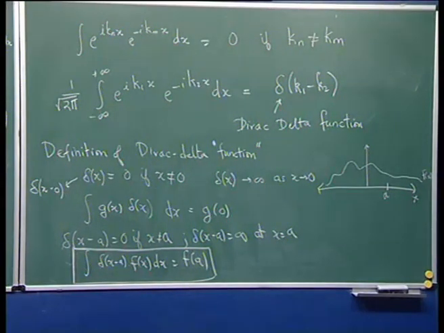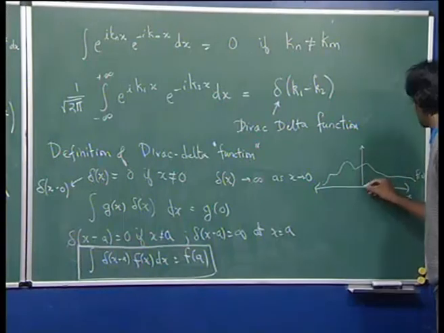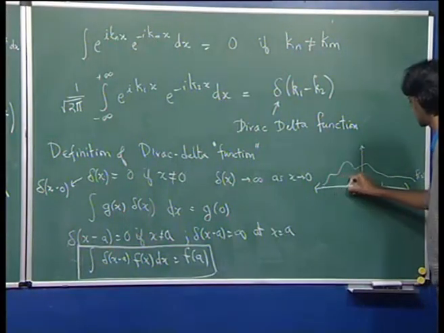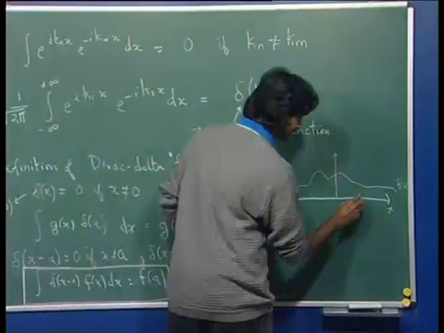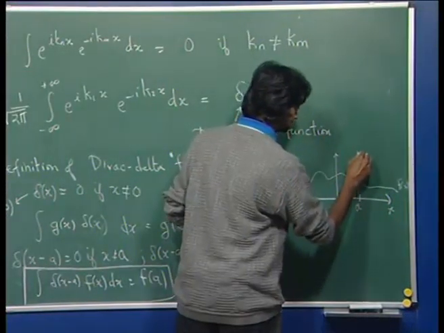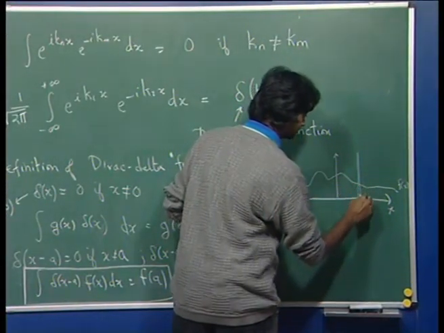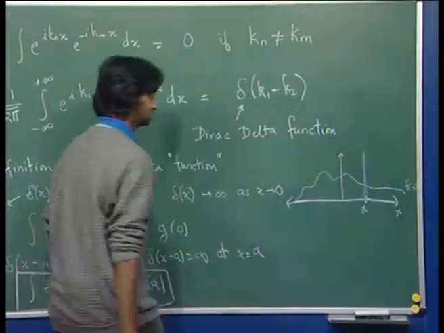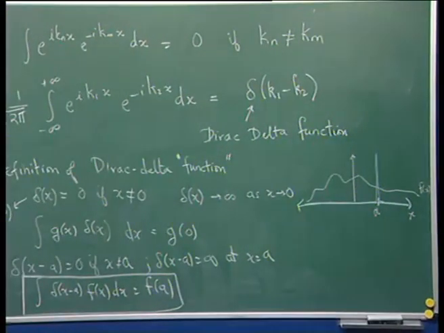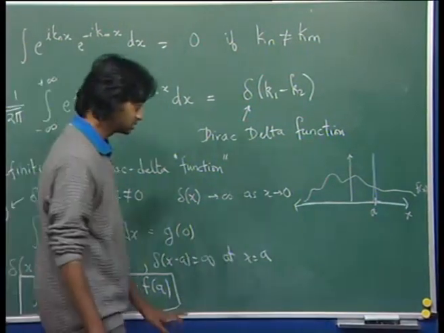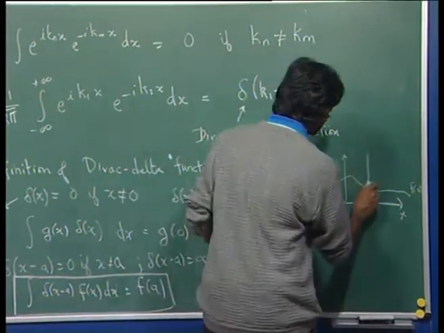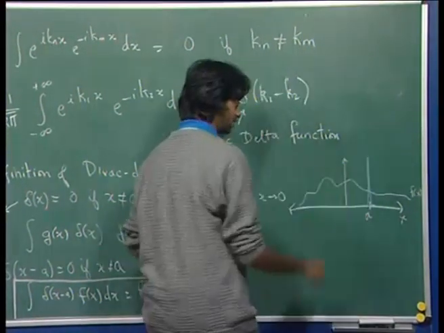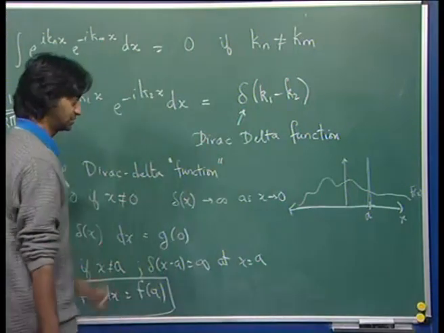This delta function, delta of x minus a, is 0 whenever x is not equal to a, and right at x equal to a it goes to infinity. So it is very, very narrow, it looks like this, and it goes to infinity.